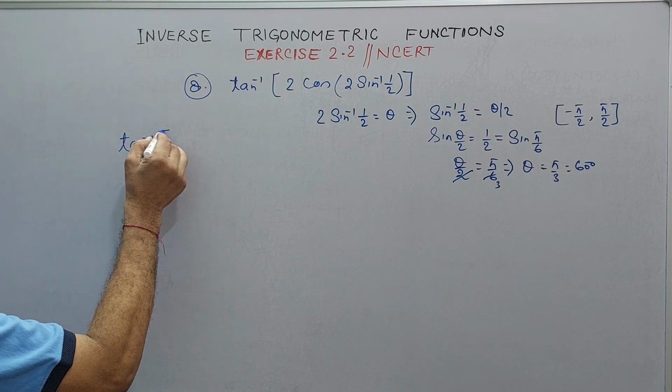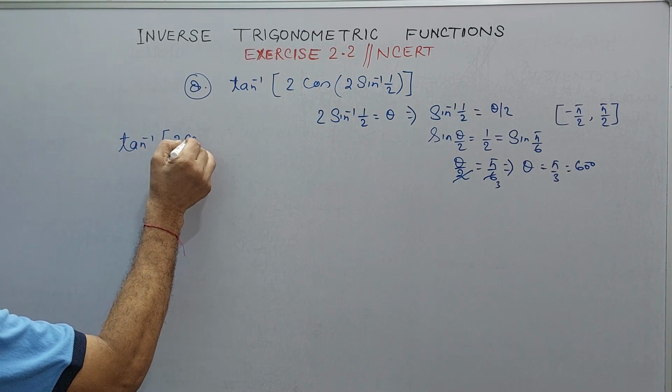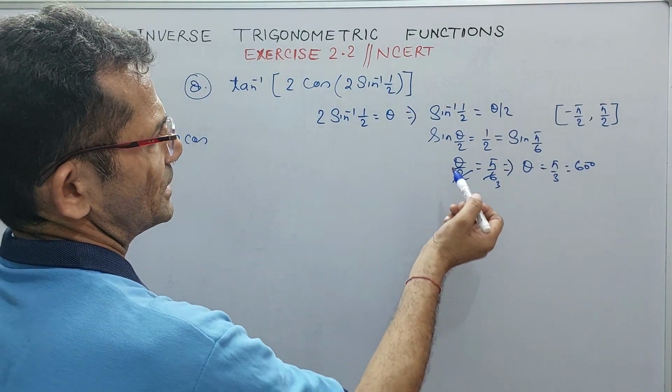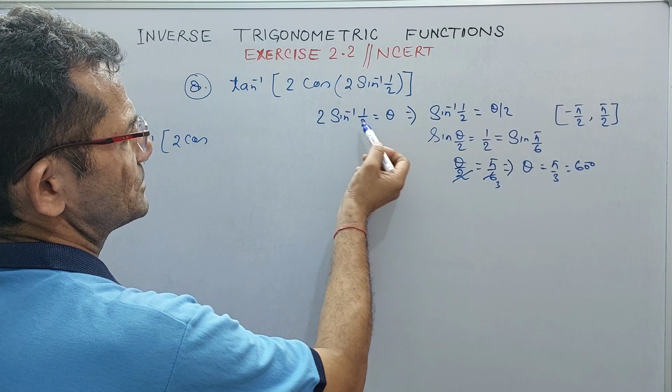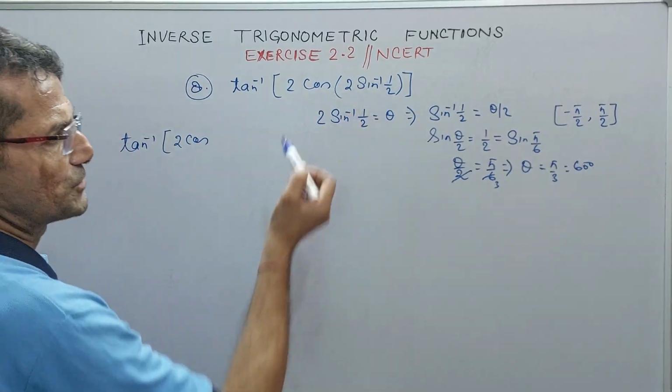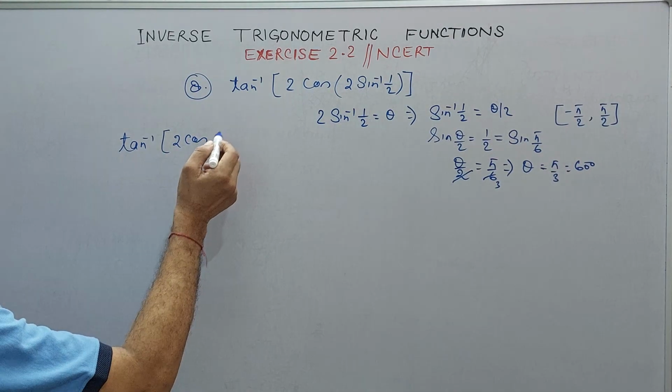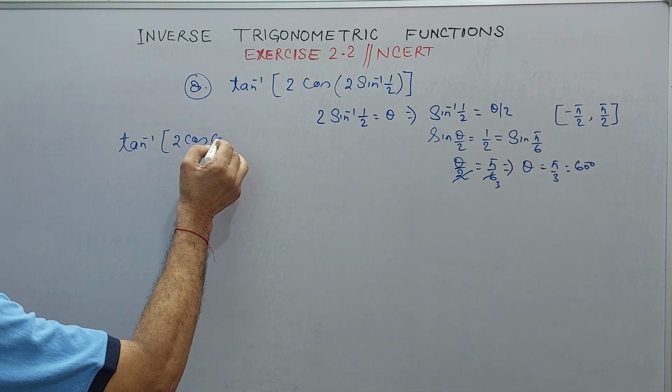Our answer becomes tan inverse 2 times cos. We have replaced 2 sine inverse 1 by 2 with theta, and theta is equal to pi by 3, which means 60 degree. So 2 cos 60 degree.